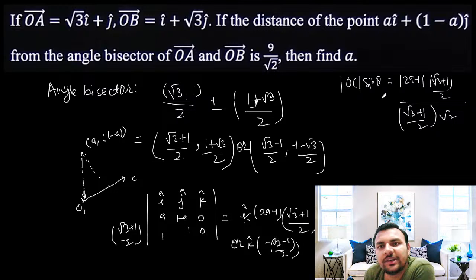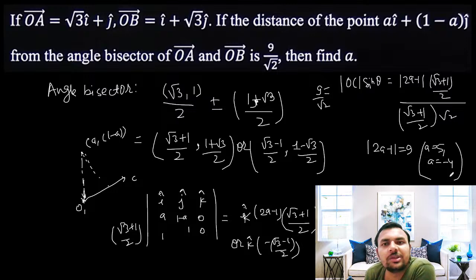So we are simply getting, this is nothing but 9 by root 2. So we are getting mod 2a minus 1 equal to 9. So a could be 5, a could be minus 4. So two possibilities of a are there.